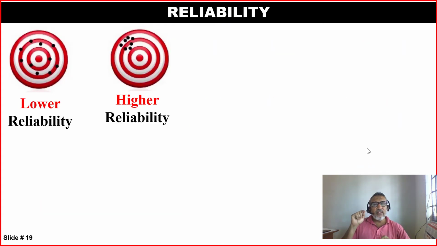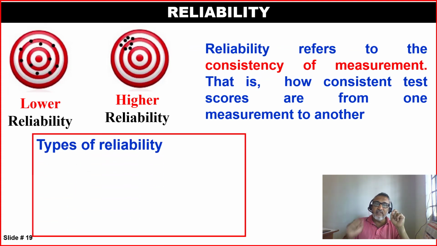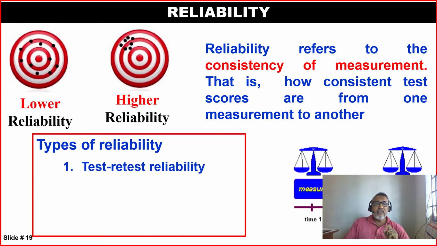The second important quality of any test is its reliability. So the test has to be reliable. By reliable, what we mean is the consistency of measurement. The test should consistently give the same score. There are different types of consistency. One is test-retest reliability.